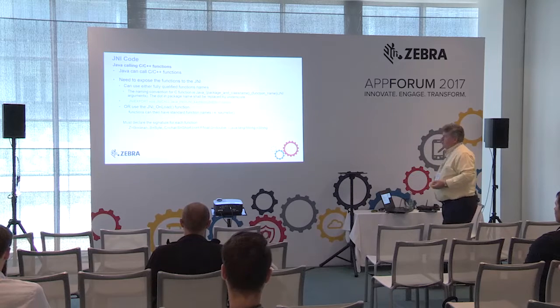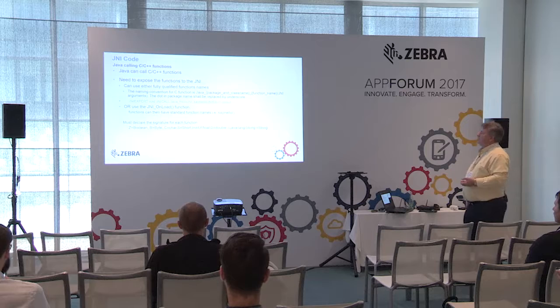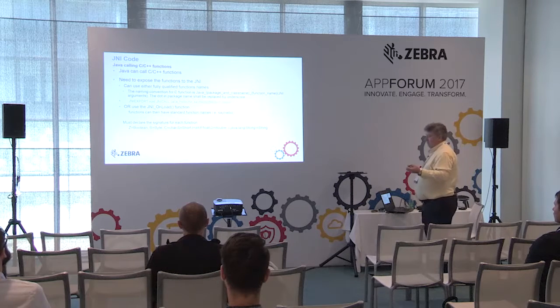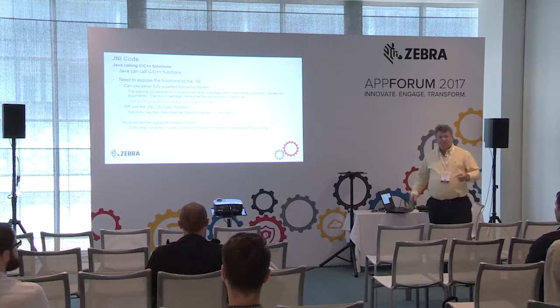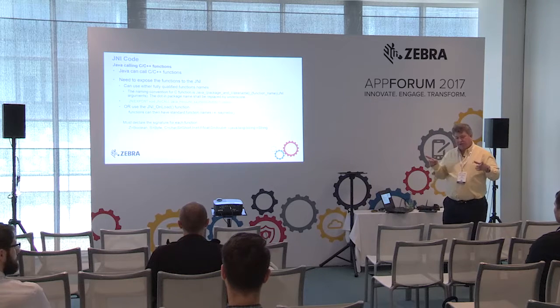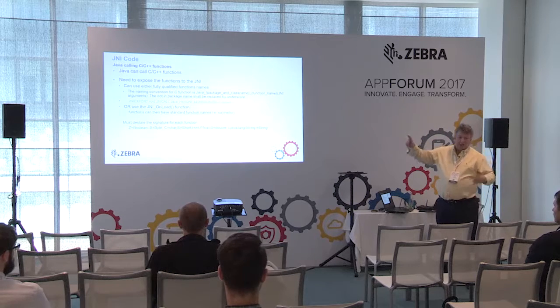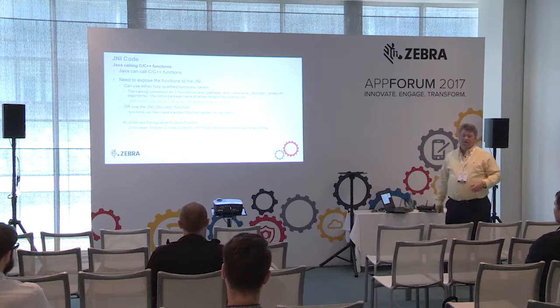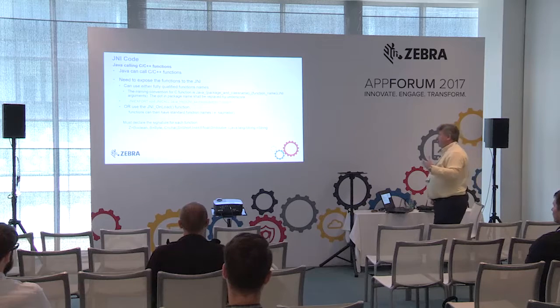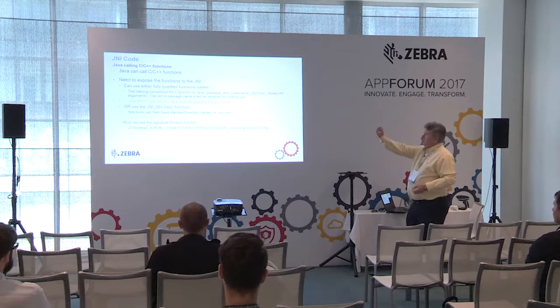You need to expose the functions in the JNI to the Java so it can call them. If you research this, you'll see a lot of examples where the function names are fully qualified: package name, class name, function name. So you end up with a huge function name, which can be difficult to follow and difficult to read, but there's actually a much better way.